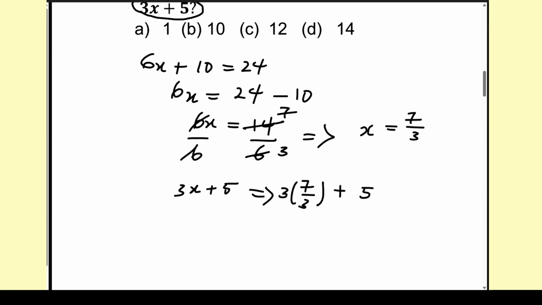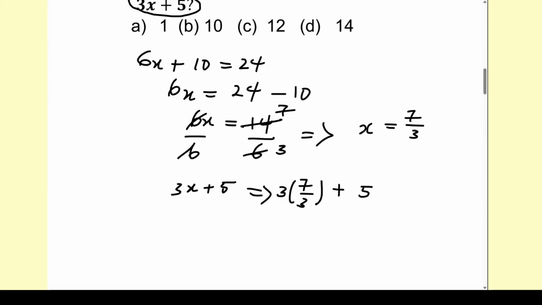Or you can say 3 times 7 gives you 21, and 21 divided by 3 gives you 7. The easiest way here is just to strike out, and we're left with 7 plus 5, and 7 plus 5 is 12.